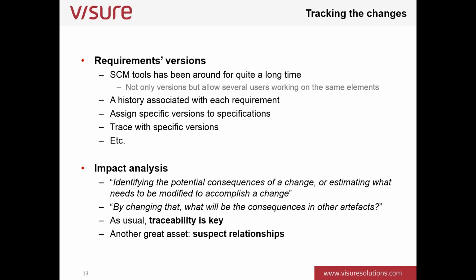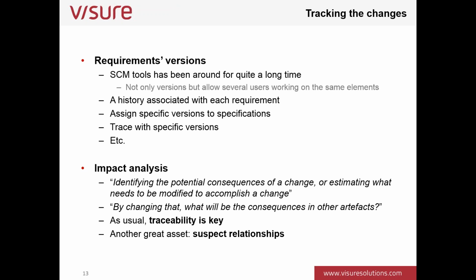For tracking the changes, one of the main things that we recommend is to have versions of the requirements. The different tools come with different mechanisms for dealing with this. Of course, if you are working with Microsoft Word or Microsoft Excel, there is no concept of requirements version beyond adding a field into the text saying this is version 1, and when I change this, I put version 2 or whatever.